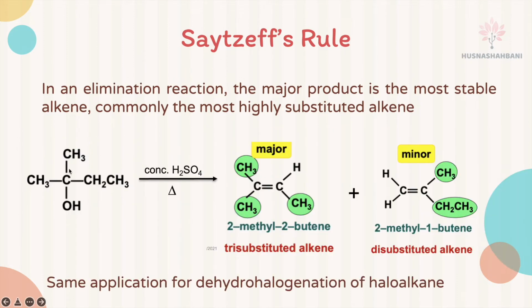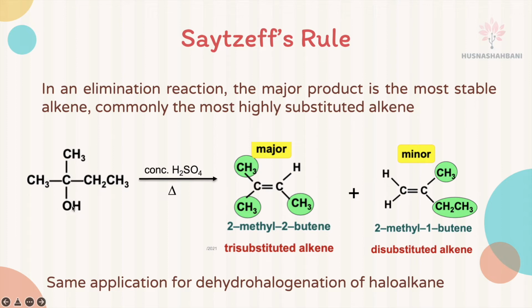For instance, we have the alcohol compound here. The removal of the OH group and one hydrogen atom is the dehydration of alcohol process. In dehydration of alcohol, we remove one OH group and one hydrogen atom from different carbons.